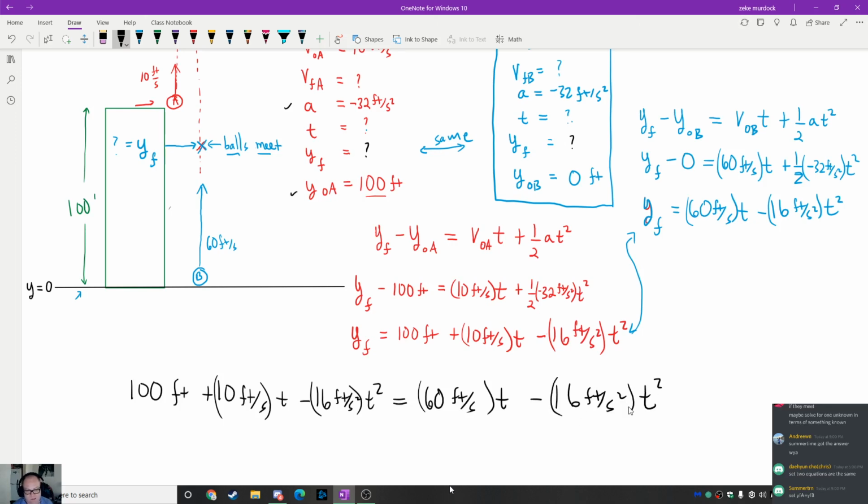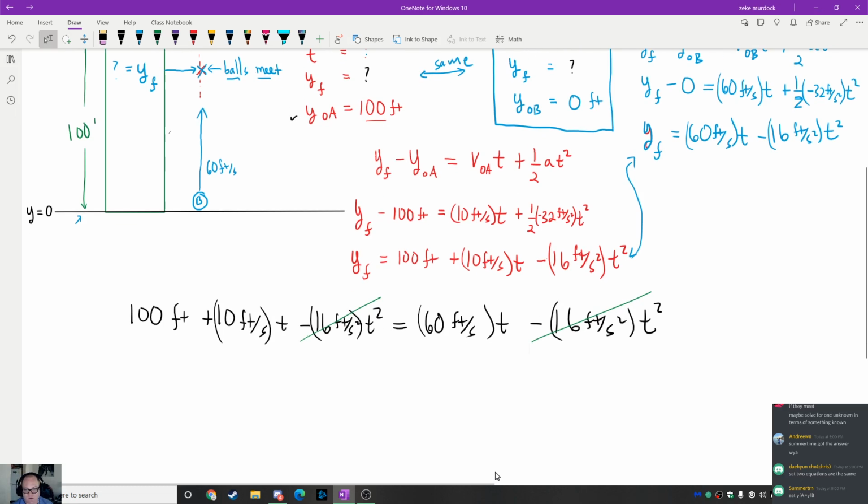Now what's really interesting here is that, I think it's interesting, I don't know how interesting. This piece cancels out in both equations, because they're both affected by gravity in the same way. It's almost like gravity doesn't matter in a weird way, because they're both being slowed down in the same way.